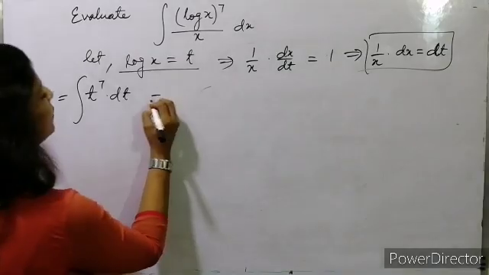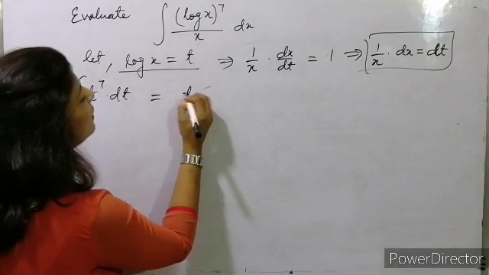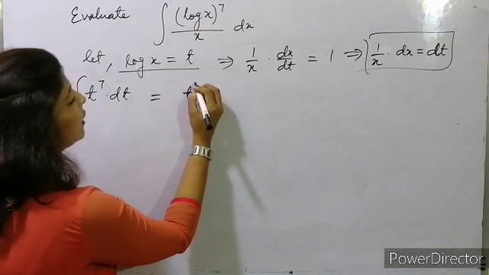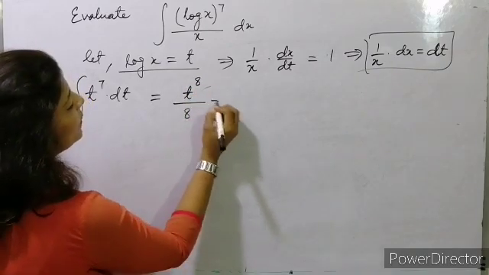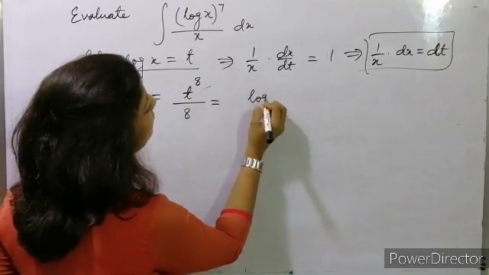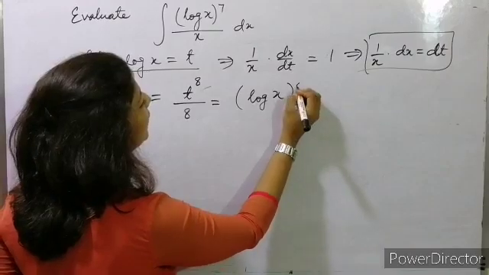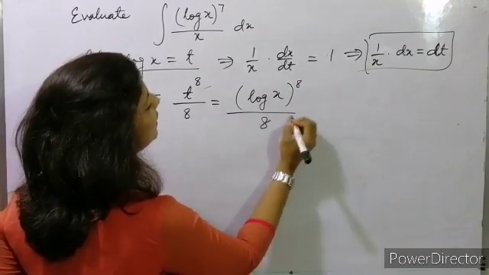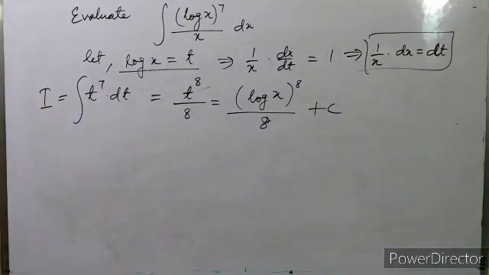When we are integrating t to the power 7 with respect to t, the power will increase by 1, so 7 plus 1 is 8. t to the power 8 divided by 8. Okay. So t का value is log of x, and log of x to the power 8 divided by 8 plus c. Yes, we should always keep plus c.